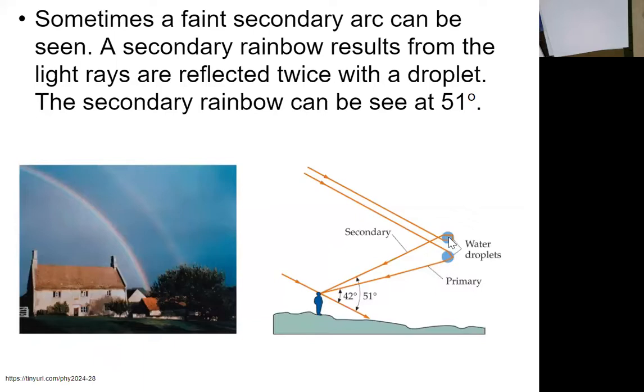For the secondary, it gets reflected twice inside the water droplet. The secondary is dimmer because it's reflected twice, so it loses more intensity. The secondary rainbow appears above, at about 51 degrees, so that's above the primary rainbow.